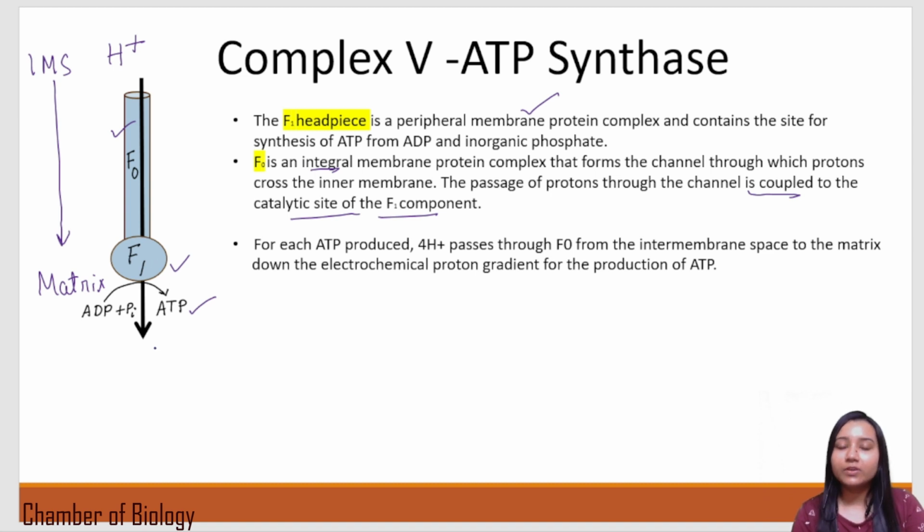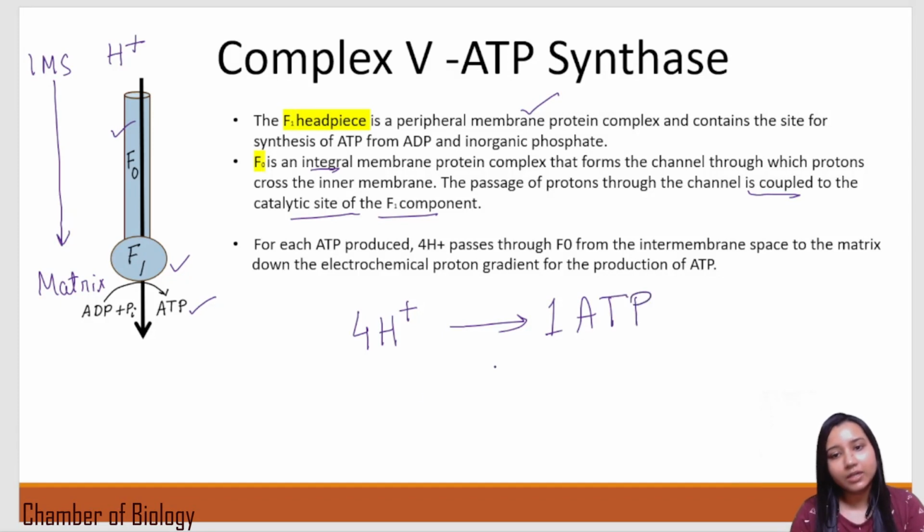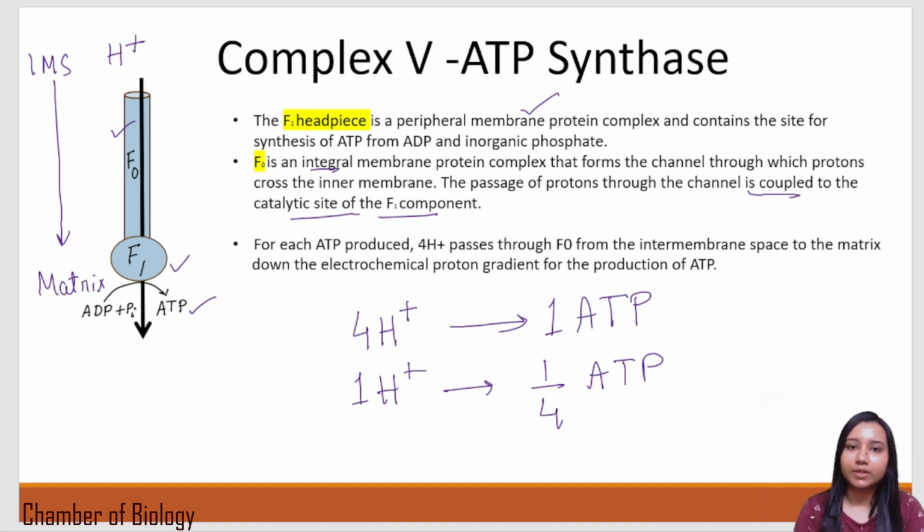So in the F1 component, there is a catalytic component which helps in production of ATP, and we will see that when 4 H plus, 4 protons, pass through this complex 5, it will release 1 ATP. That means 1 H plus is going to give us 1 by 4 ATP. Right, class? We have understood about it.